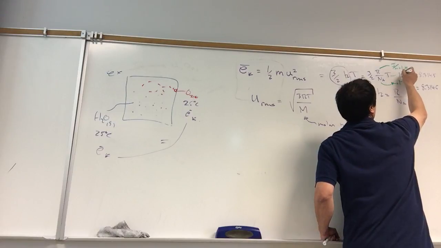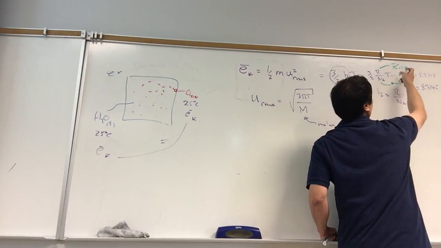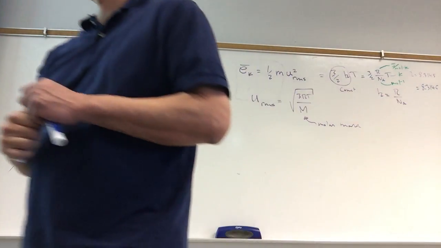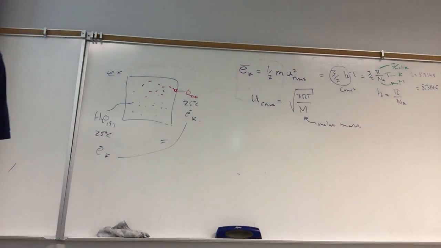T has units of Kelvin. Moles cancel, Kelvin cancels, and we're left with joules. So maybe we could have derived this equation just using dimensional analysis.